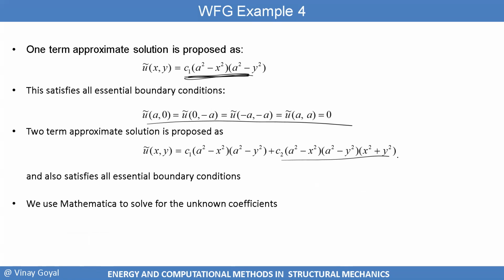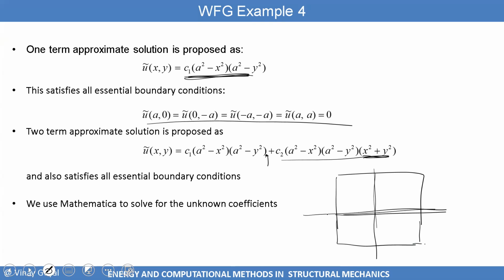You may say, "Oh, it's not a good approximation because I skipped the term. Now I have x squared plus y squared." The reason is because when you look at the problem, it's a symmetric problem. So you should get symmetry to the solution about this axis, x and y. And so that's why this is a good approximation to the problem, because it does do a good job of that, if you will.